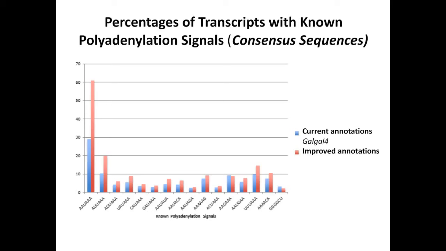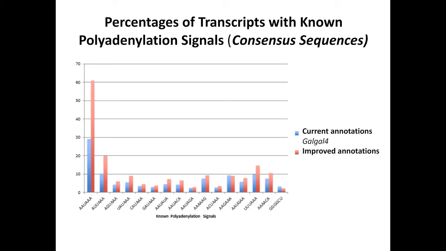Based on current annotations, shown in blue, the color is blue for the current gene model. The color is red for our improved annotations. So with our improved annotation, we find 2 times more of these signals in the transcripts.